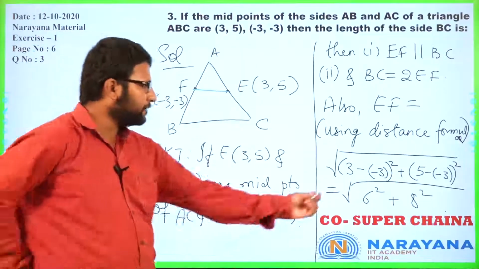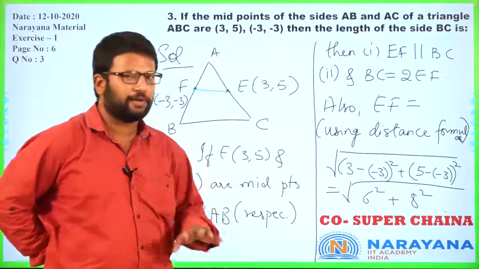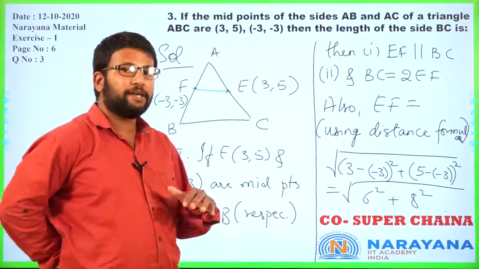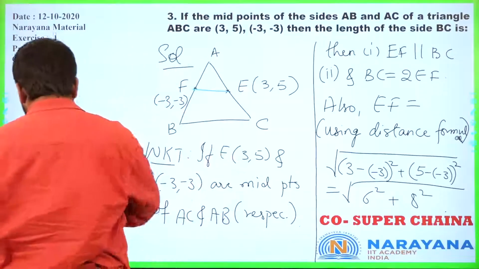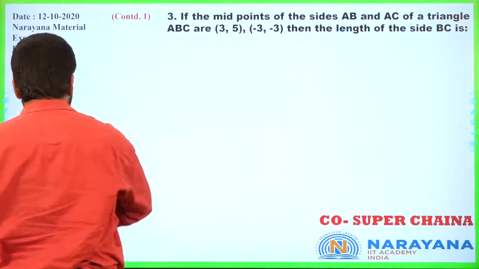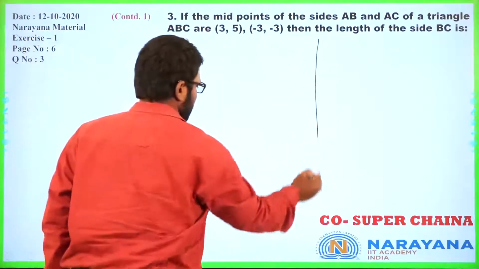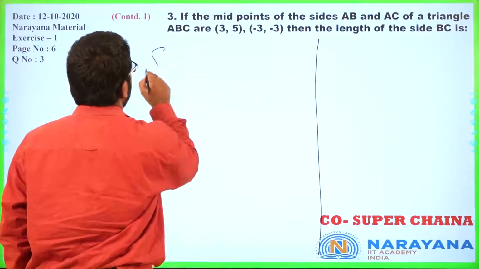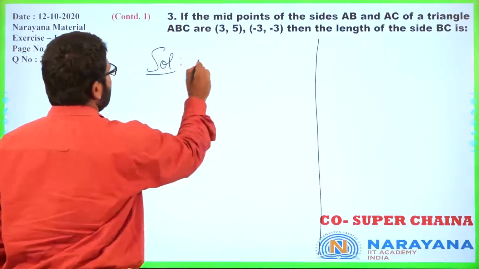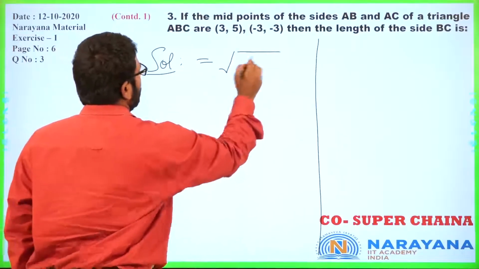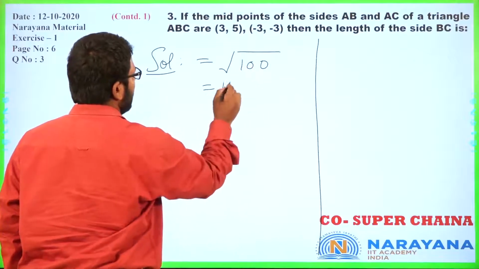So that would be under root 36 plus 64. How much is that? Sum is 100. 36 plus 64 is 100. Which means this is equal to square root of 100, which is 10.